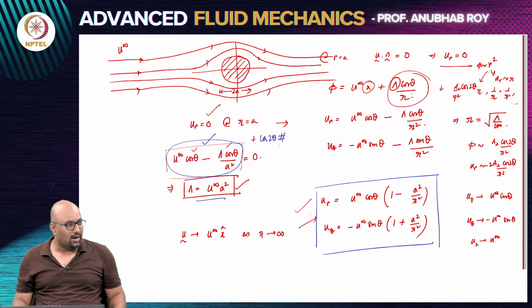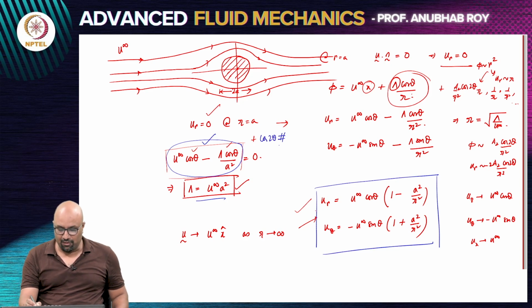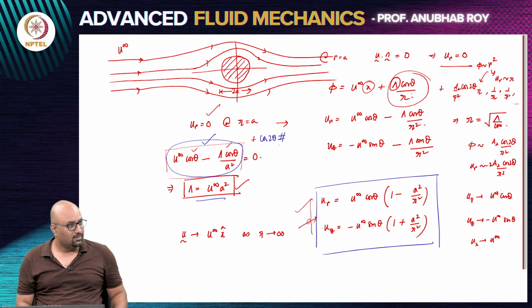Now that's not too hard, right, because it's just a change of reference frame moving with constant velocity. All you need to do is subtract the uniform flow from this velocity that you have written down, and that gives you the velocity field that is generated by a moving cylinder. So if you say that I have done a change of reference frame, one reference frame which is translating with a velocity u infinity with respect to the other.